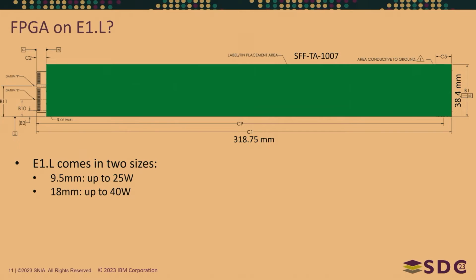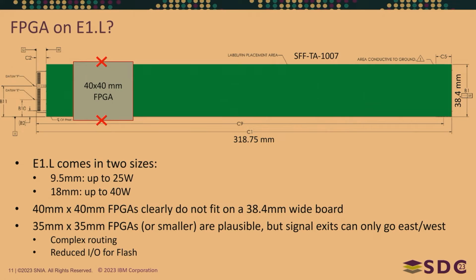So what about E1.S? We did consider this. It comes in two sizes, mainly differentiated by whether you need a heat sink for extra power or not. And the problem, quite frankly, is a 40 by 40 millimeter FPGA doesn't fit on a 38.4 millimeter form factor. So you could go to smaller FPGAs, but then you start running into issues with complex routing.